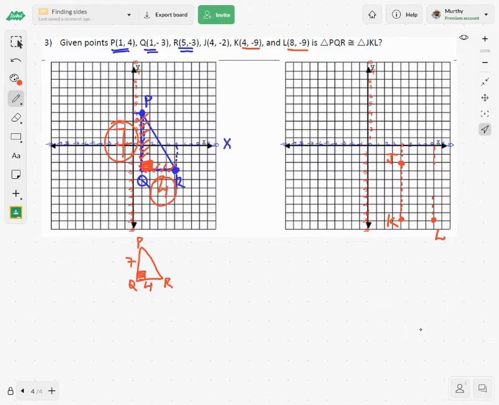This is L. So let's join them. I see there is a small square, so the angle between JK and KL is 90 degrees. Number of blocks 1, 2, 3, 4, 5, 6, 7. Interesting, 4 horizontal. Therefore JKL has 7 units and 4 units.